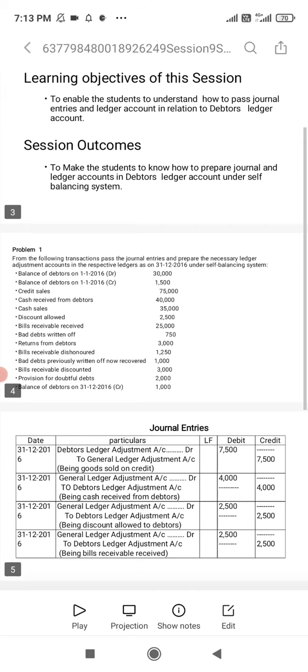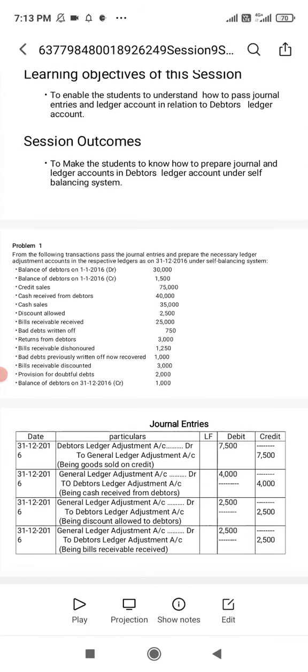They have given the opening balance of debtors as well as the closing balance of debtors. They have given credit sales, and cash received. Out of all these transactions, we have to decide which transactions we have to record in the ledger and which transactions we have to ignore.